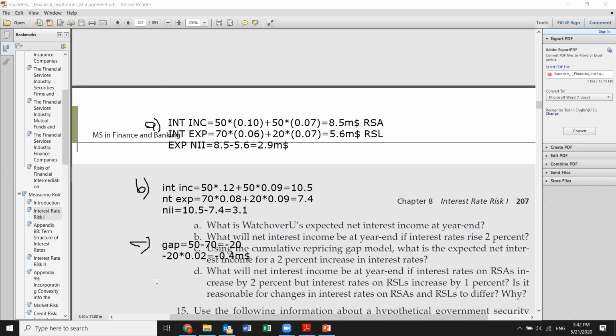If you calculate, you're gonna just put 50 times 12. This will be remaining. So interest income will be the same, 10.5 million, and interest expense will be 6.5 million. Then net interest income will equal 6 million.